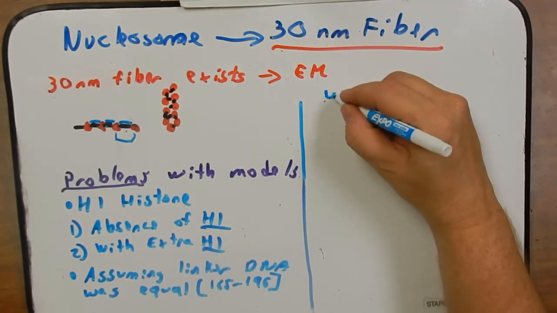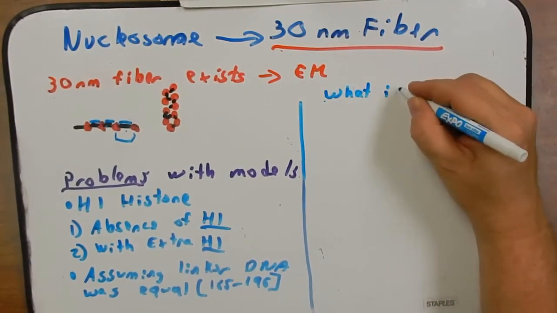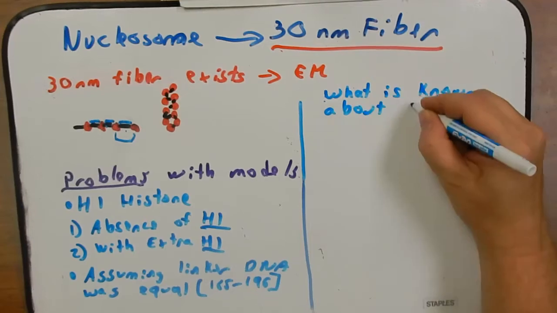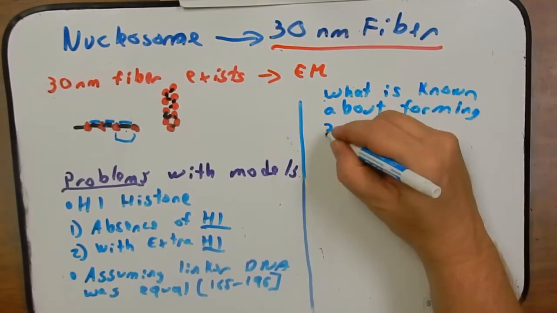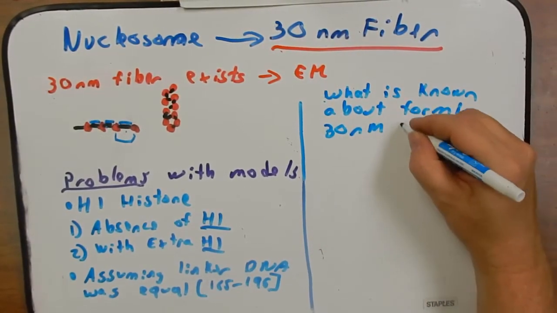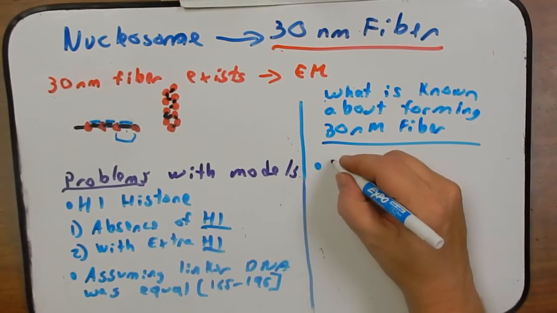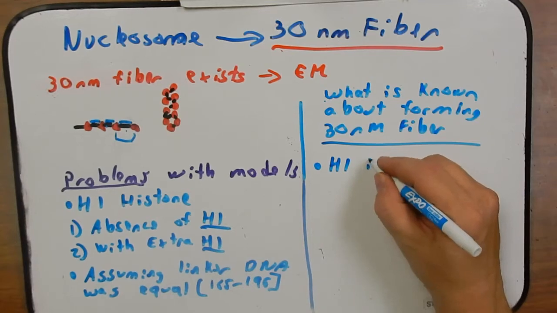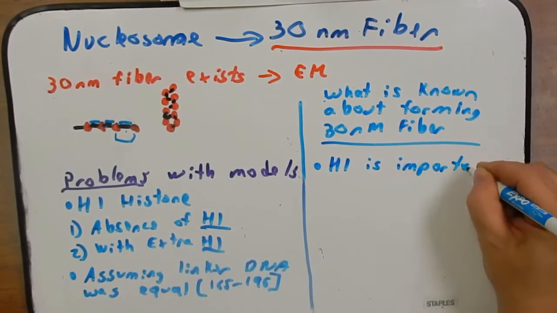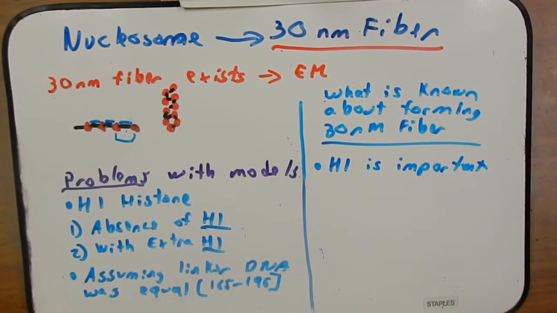So over here, let's just write down quickly what is known about forming the 30 nanometer fiber. Well, we know what's important. We know that the H1 is important. How it's important, we don't know yet, but it's important in forming this 30 nanometer fiber.